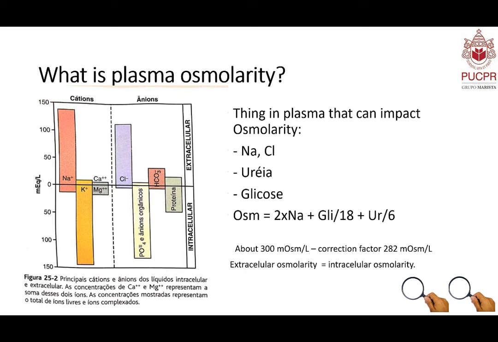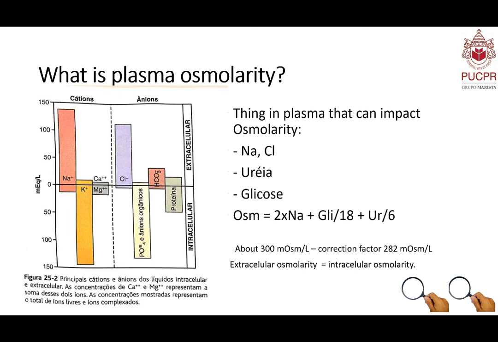lower than the sodium, because the glucose level you have to divide by 18 and the urea level you have to divide by 6. And the reason why we do this division is because we want the osmolarity. We want to know how many particles you have when you have glucose in your blood.